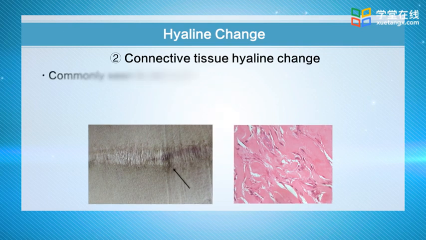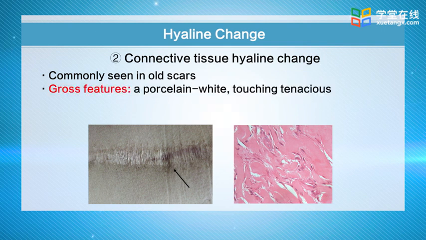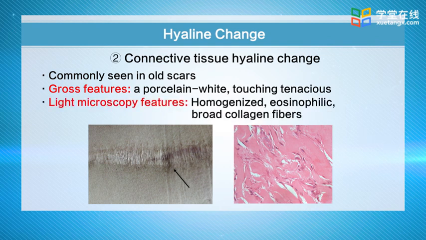All scars may appear hyalinized due to the hyaline changes in the connective tissue. Grossly, it appears as a porcelain white area. Under light microscope, it appears as homogenized eosinophilic broad collagen fibers that form as a result of abnormal collagen fiber cross-linkage.